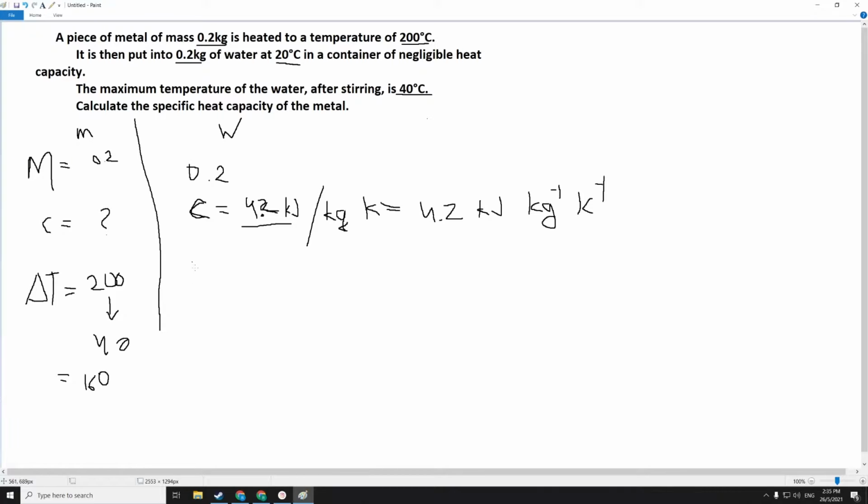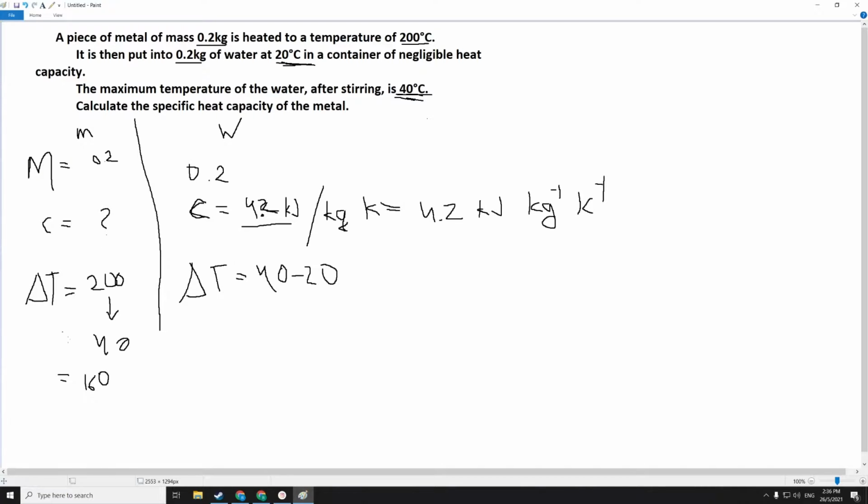We also know delta T is equal to 40 minus 20, because it starts at 20 degrees Celsius and gets heated up to 40. Okay, so we know that.